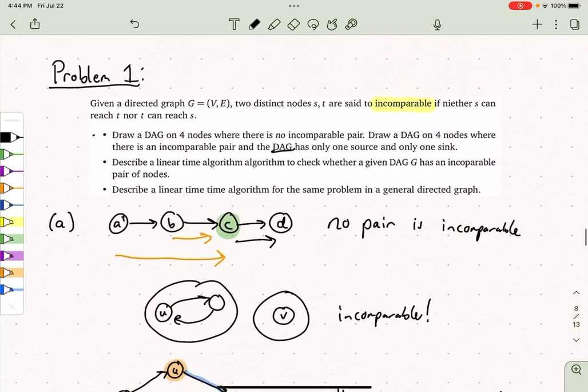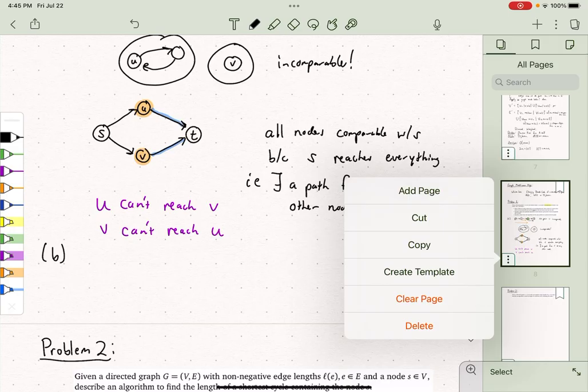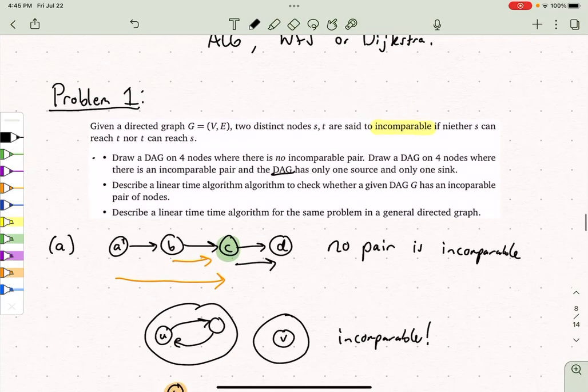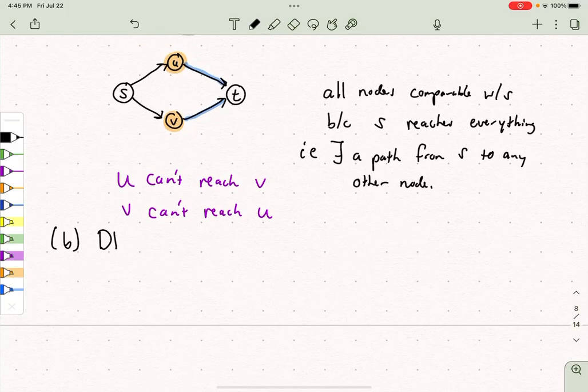So now that we have an idea of what these things mean, can we create a linear time algorithm to check whether a given DAG has an incomparable pair of nodes or not? So let's make a new page. Already we're told it's a DAG. That should set off alarm bells that either we're going to be using DP or we're going to use some kind of topological sort.